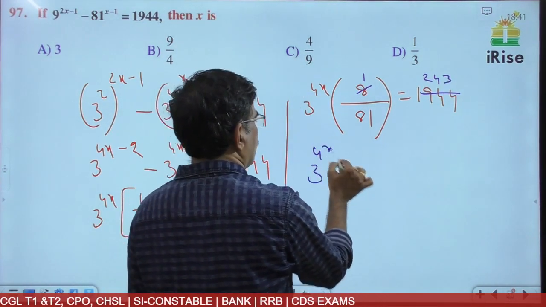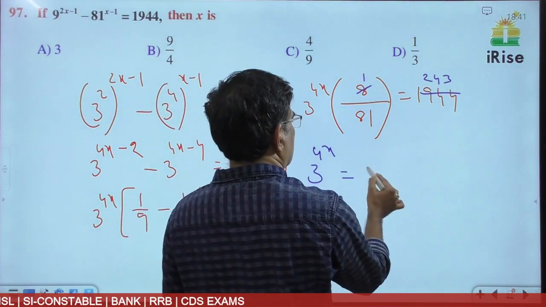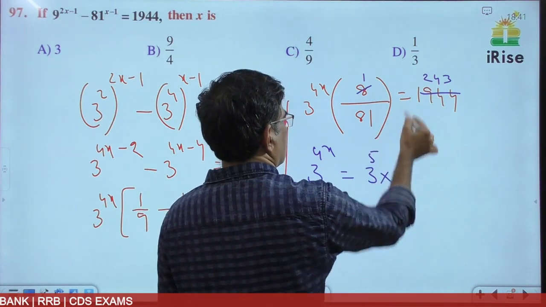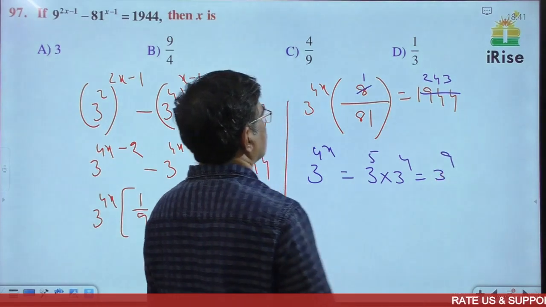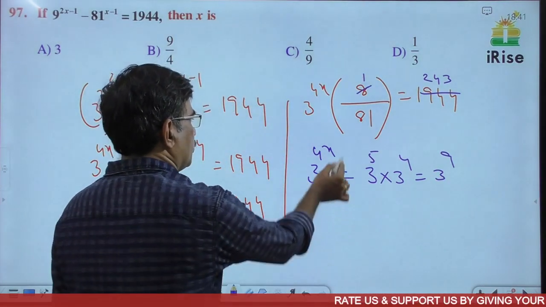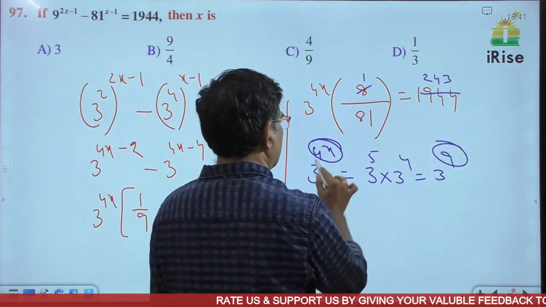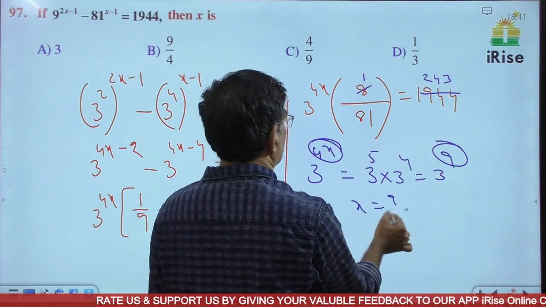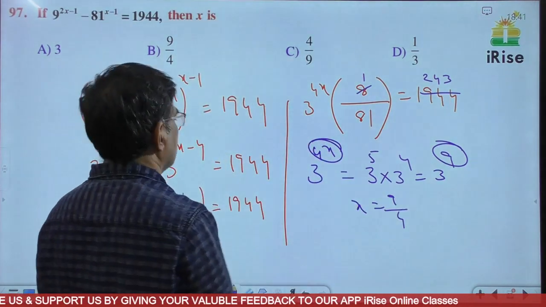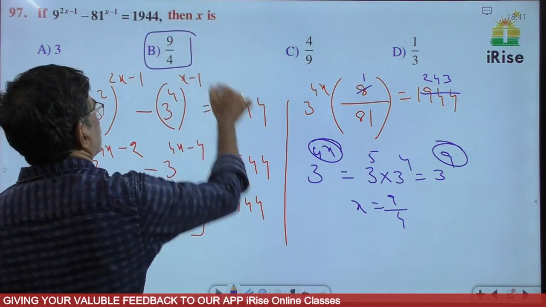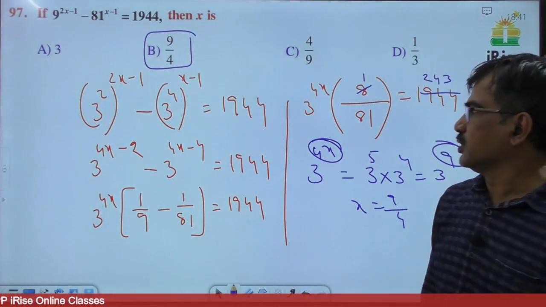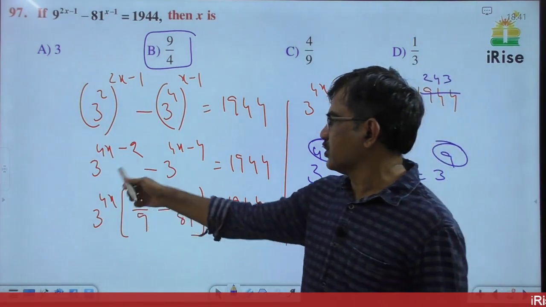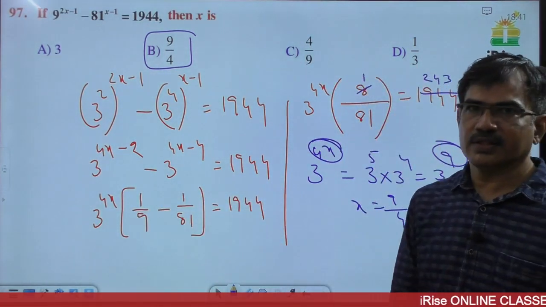So 3 power 4x is equal to 243, which is 3 power 5 into 3 power 4, which is 3 power 9. So 3 power 4x equals 3 power 9, 4x equals 9, x equals 9 by 4. Okay, simple question. Just take 3 power 4x common and simplify.